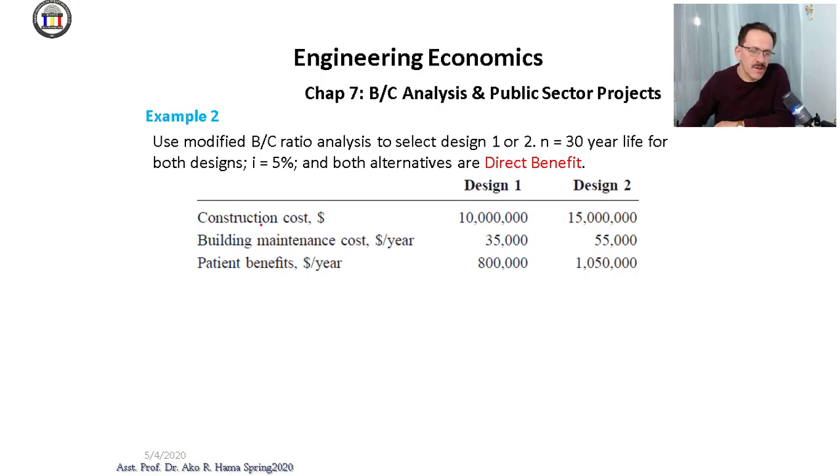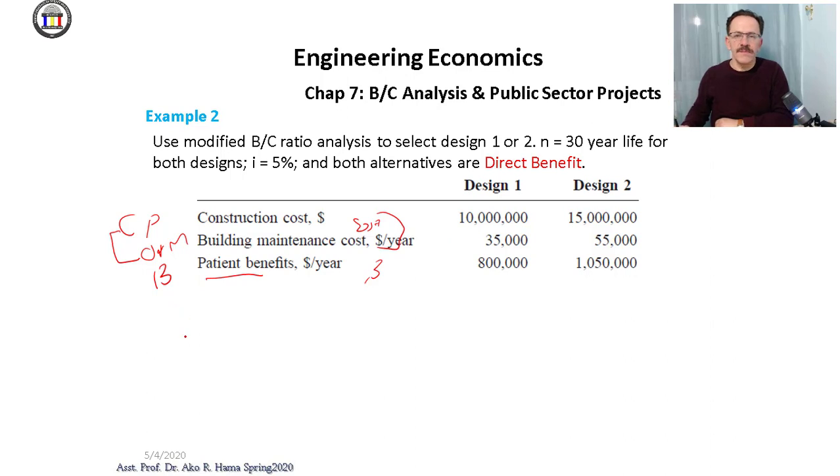Construction is P. Building and maintenance cost, operation and maintenance cost, are C, so these two items are cost, and this item is benefit.